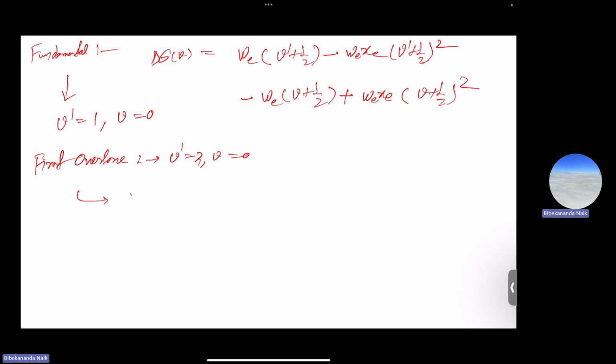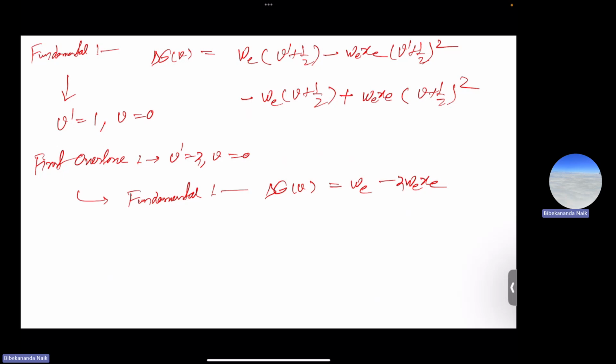So for the fundamental, if you calculate your delta G, it comes out to be omega e minus 2 omega e xe, because here v prime is 1, so 1 plus half is 3 by 2, and here v is 0.